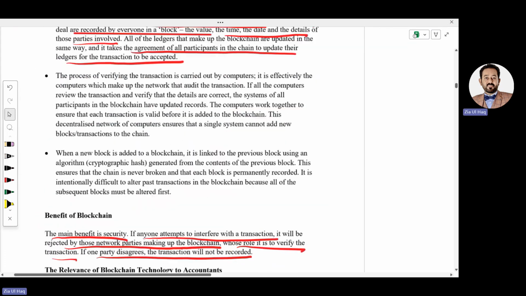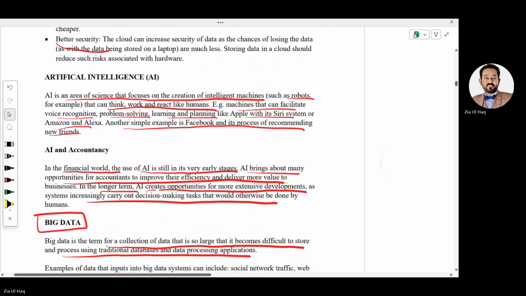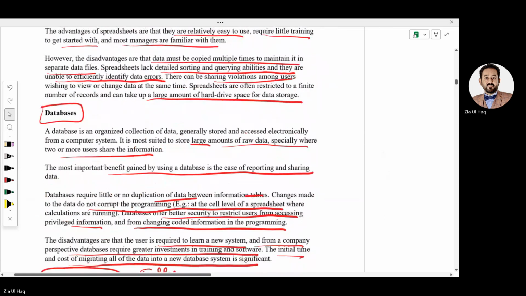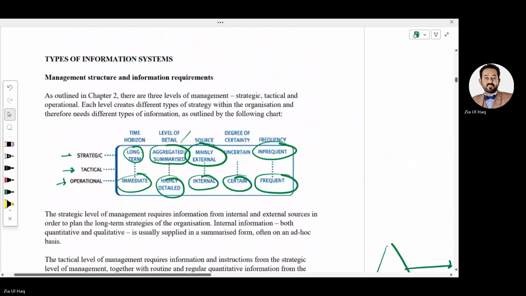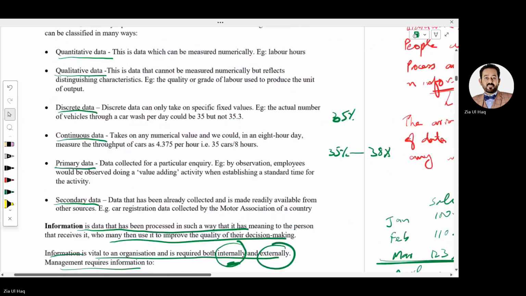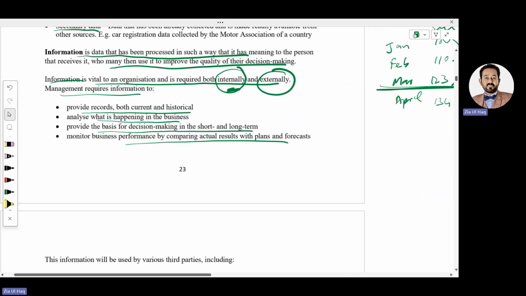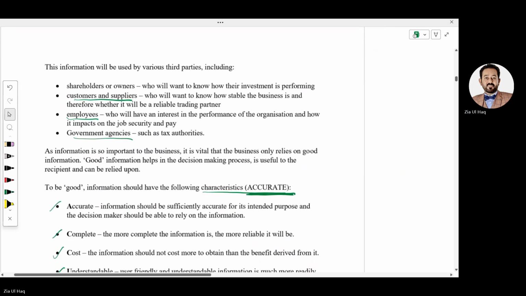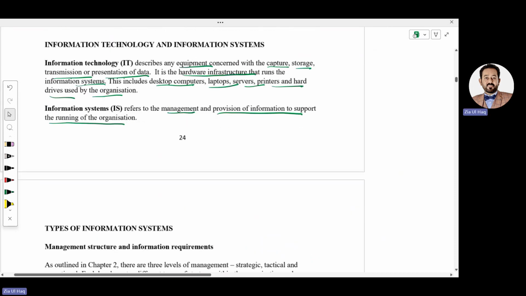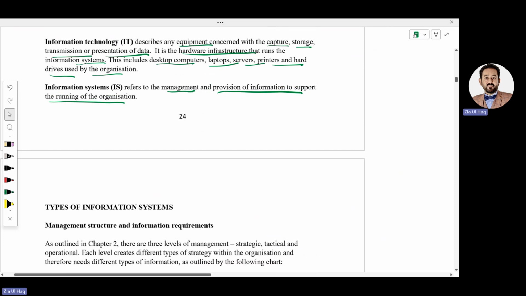So what have we covered in this chapter 4? We have covered the difference between data and information, who the users of information are, qualities of good information, and the difference between IT and IS.